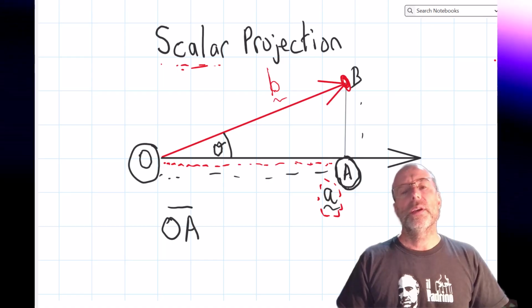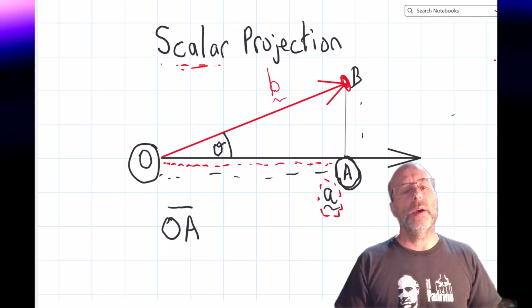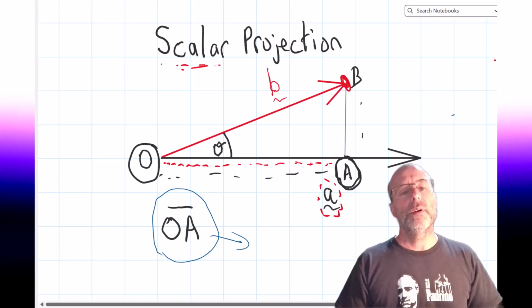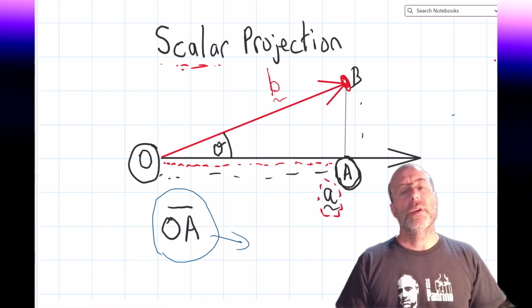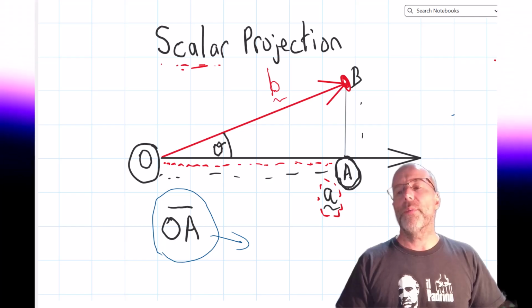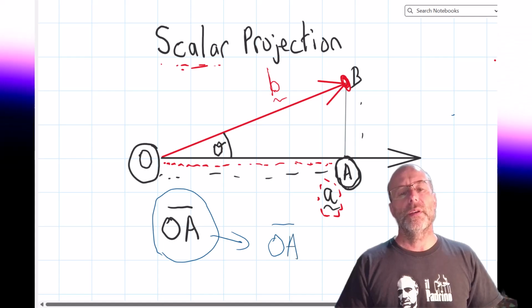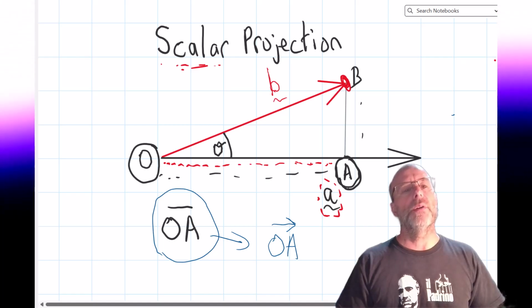Last time around we looked at line OA, but now because we're looking for vector resolutes, we are considering vector OA, which looks like this, with the directed arrow on the top.